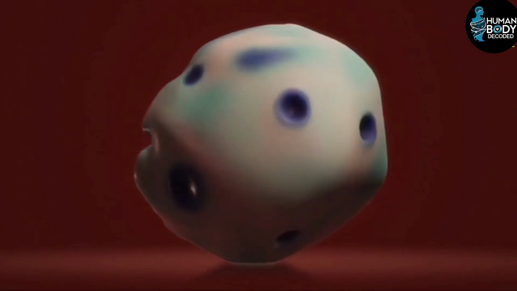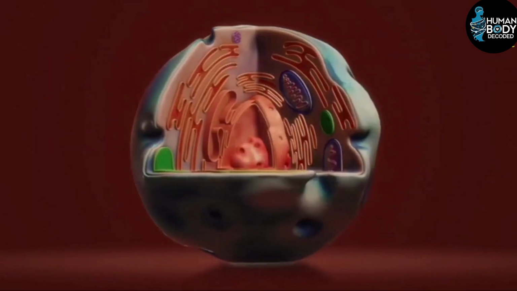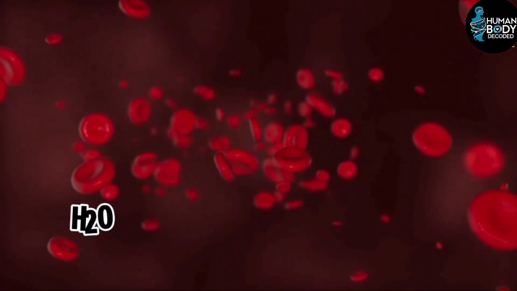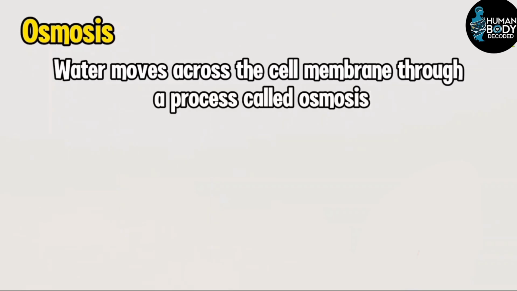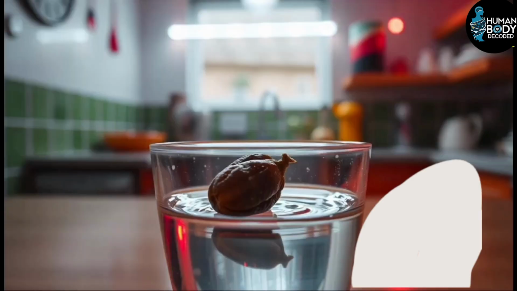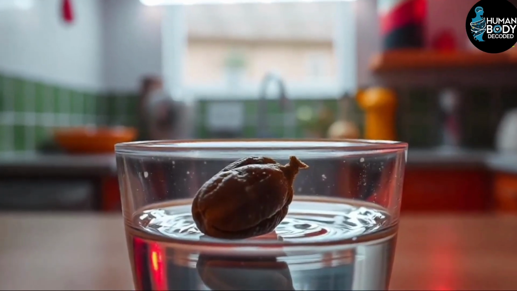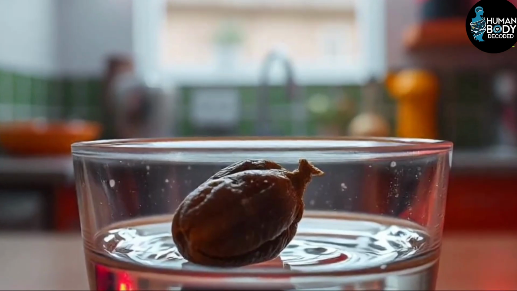Osmosis is essentially a special type of diffusion, but instead of moving solutes, it's the movement of water. Water moves across the cell membrane through a process called osmosis, from an area of low solute concentration to an area of high solute concentration. For instance, imagine you have a raisin soaking in a cup of water.